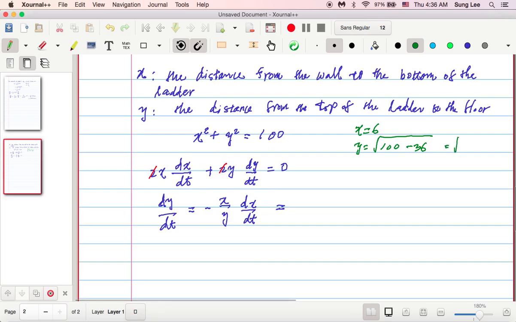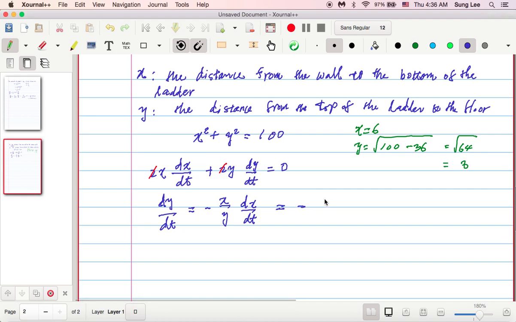So that's going to be 100 minus 36, that's going to be 64. So square root of 64. 64 is what? 8 squared, so that's going to be 8. So y equals 8.